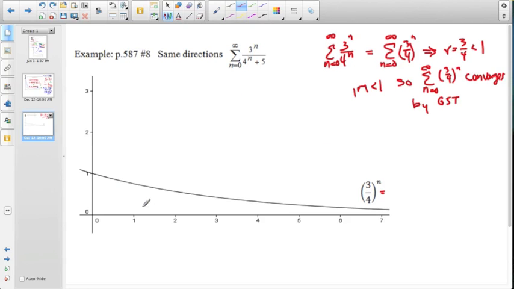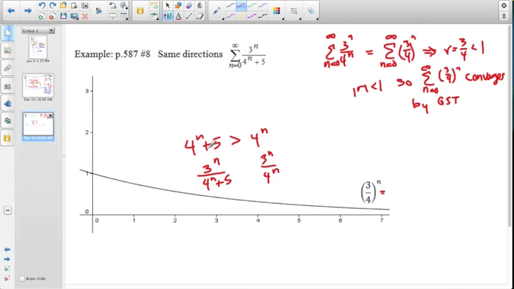Hopefully this is smaller. We'll get to that in a second. But for right now, since we know this series converges, we're using the geometric series test for convergence, or using the direct comparison test to determine convergence. If we again look at this, we see the denominator: 4 to the n plus 5 is bigger than 4 to the n, which means 3 to the n over 4 to the n plus 5, and 3 to the n over 4 to the n.